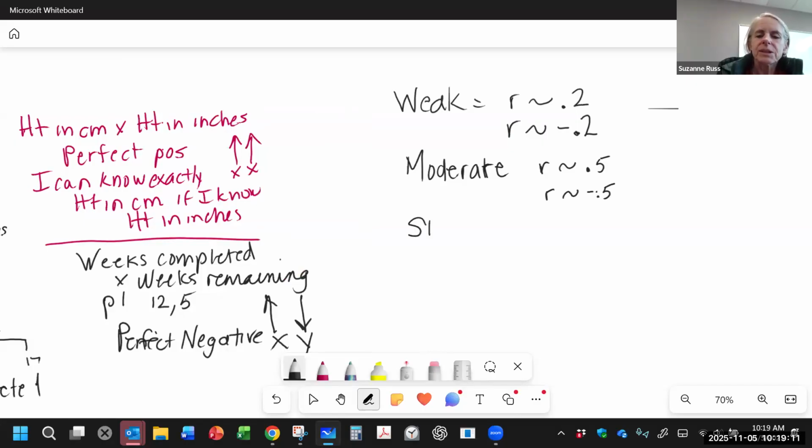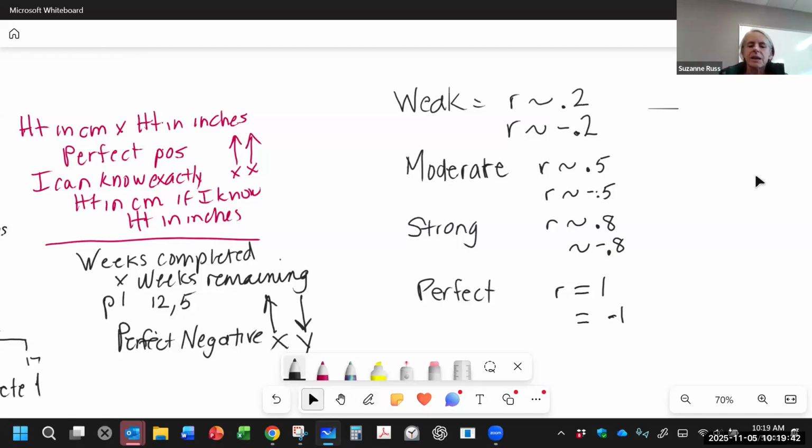And a strong relationship, r is going to be approximately equal to 0.8 or approximately negative 0.8. Perfect: r is going to be equal to, notice there's no more approximately here, 1 or negative 1.